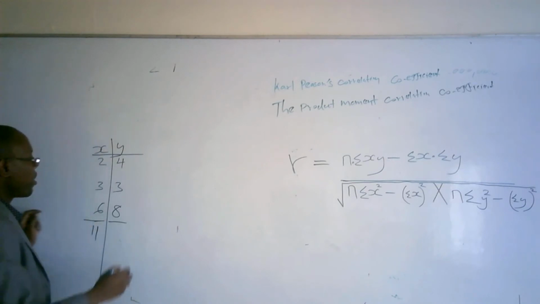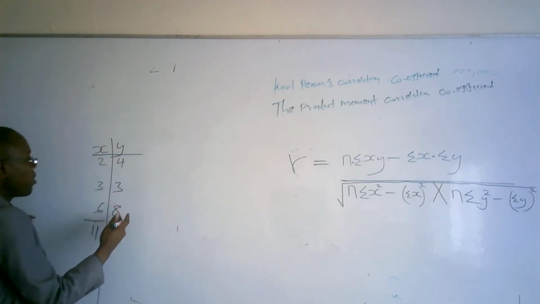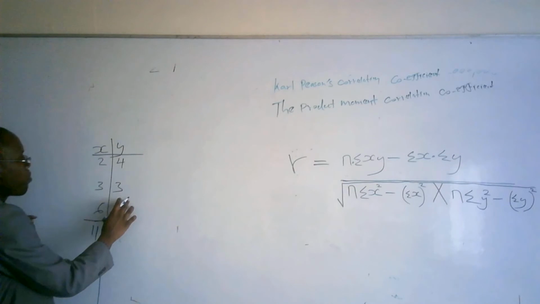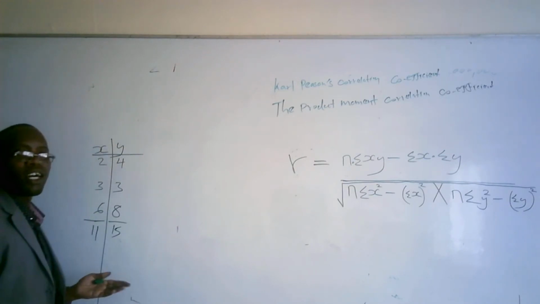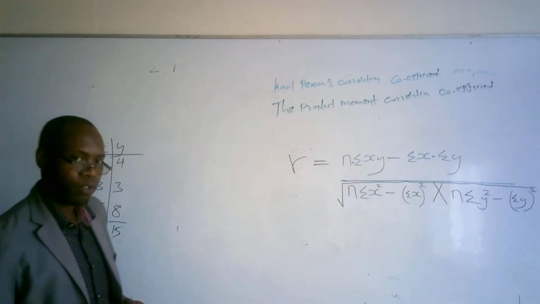And then for this one, if you just add it, it is going to be 15. So 8 plus 3 plus 4, it's going to be 15 there. So that's how you start earning those marks.